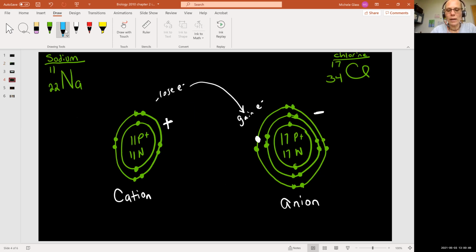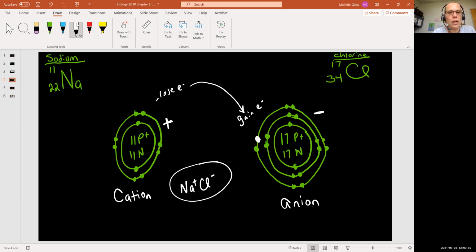So when we go back and we look at this compound here, we can write sodium chloride like this. So ionic bonds, you're always going to see the charges. These are fully charged atoms. We write the cation first, and then the anion second, and we give it an IDE ending.